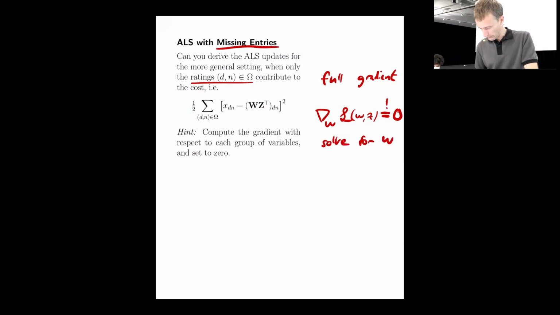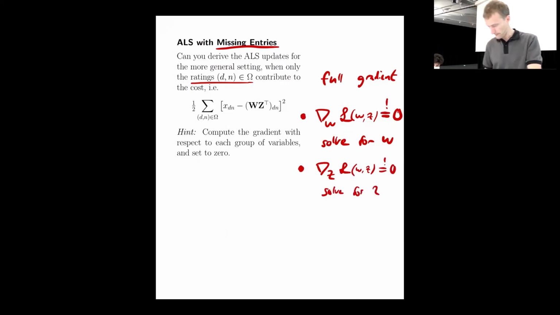And the same thing with the other one, the gradient with respect to the Z matrix, the user matrix. Compute it, set it to 0, and then solve for Z. And so yes, this can be done.